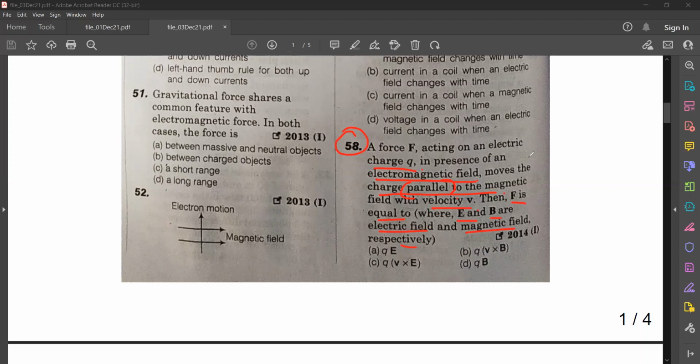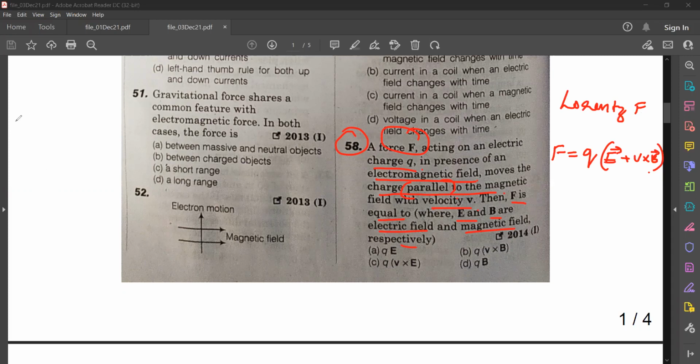See, listen. Here, what they are saying, the force. We know this force. This force is the Lorentz force, isn't it? And Lorentz force F is equal to Q into (E plus V cross B), because here we have both electric as well as magnetic field.